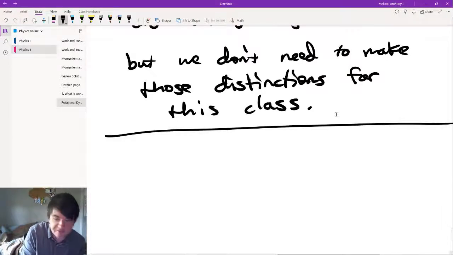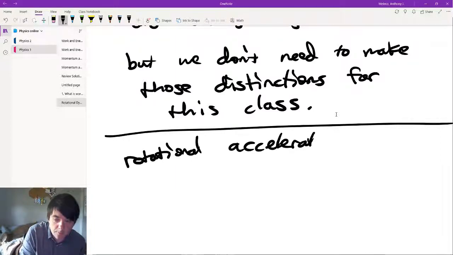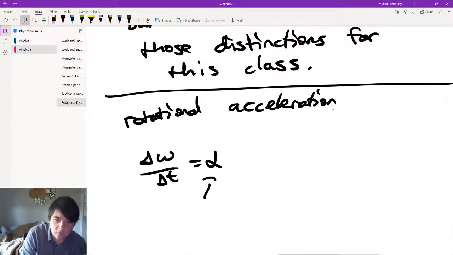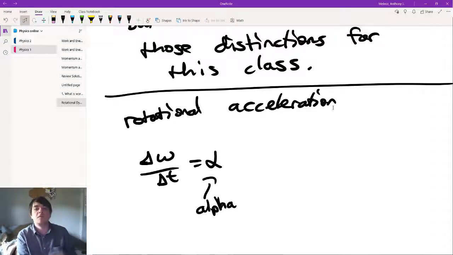Next up, we have acceleration. And you can probably guess what this will look like because it's basically the same thing. We have our delta omega now over delta t. And this will be alpha. That's what this is known as. You may have seen this, sometimes it's used if you're out of theta and you're out of gamma for angles.